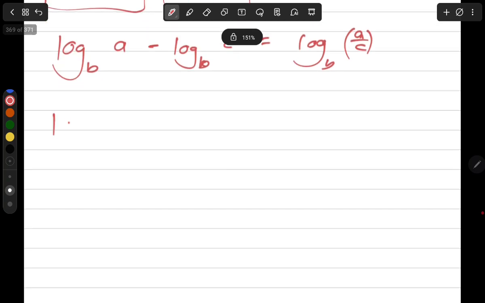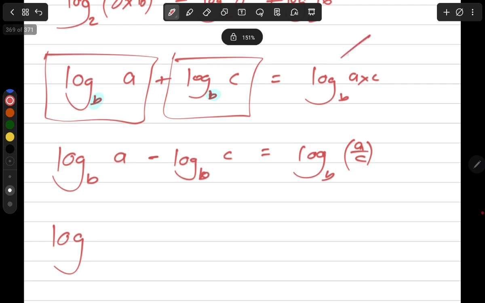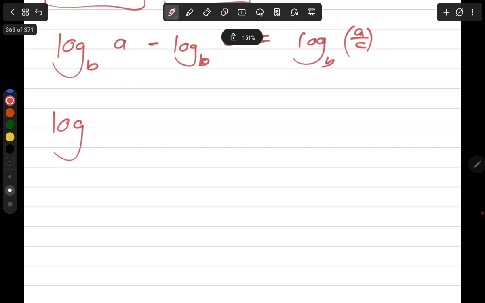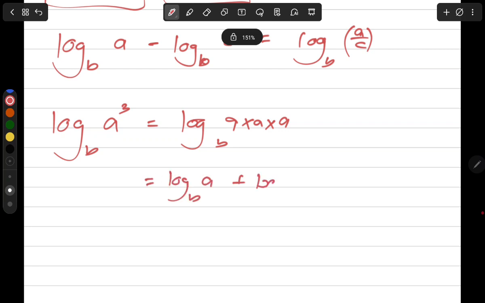And if you have the power rule, it is derived from the product rule, which is right here. So if you have log a to the power 3 to the base b, this is log a times a times a to the base b, and I can rewrite it as log a base b plus log a base b plus log a base b.